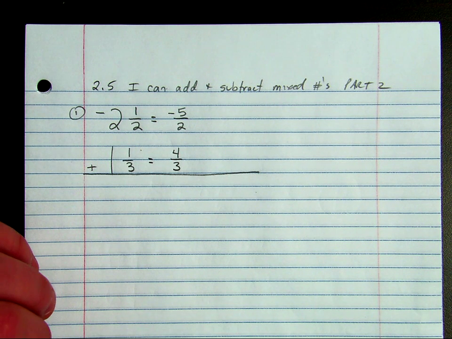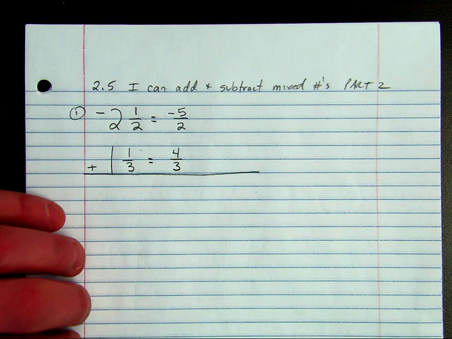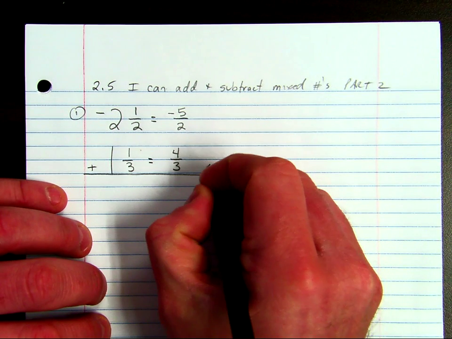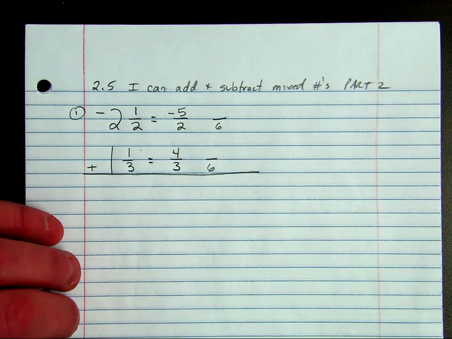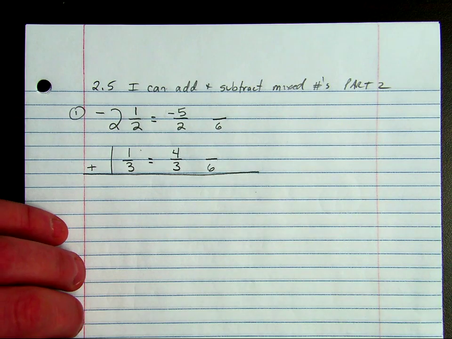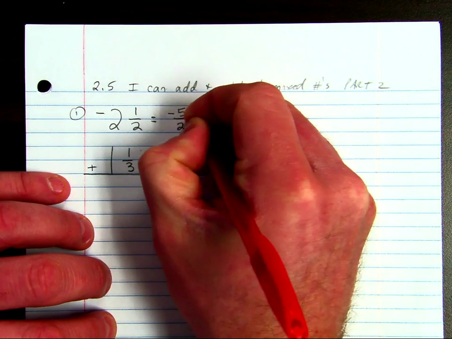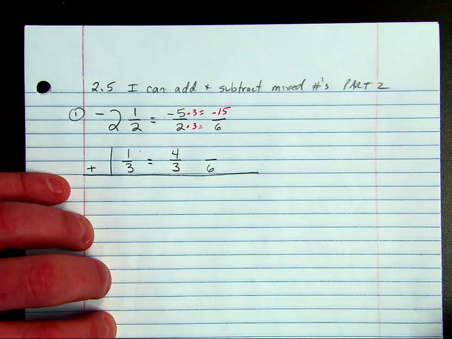And now we're right back where we were yesterday, with the exception of a negative here. Common denominator. We multiplied the 2 by 3, so that means we have to multiply the negative 5 by 3, and we get negative 15.